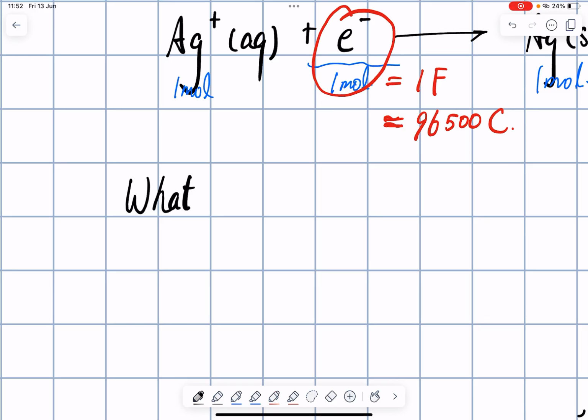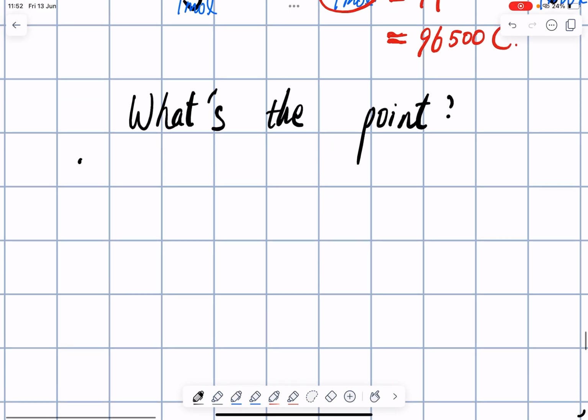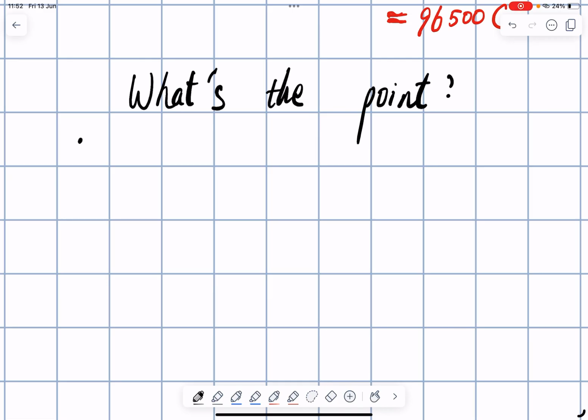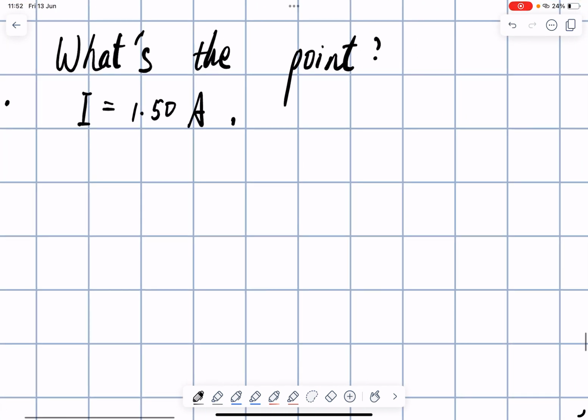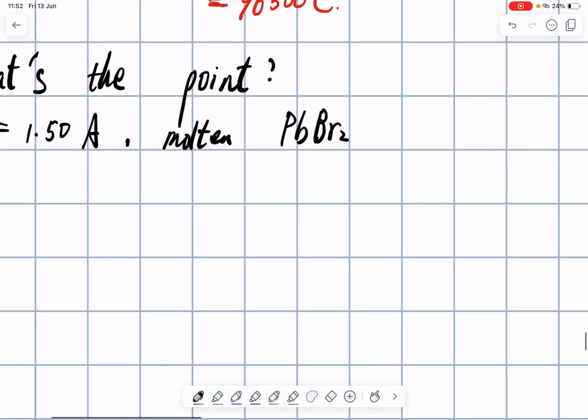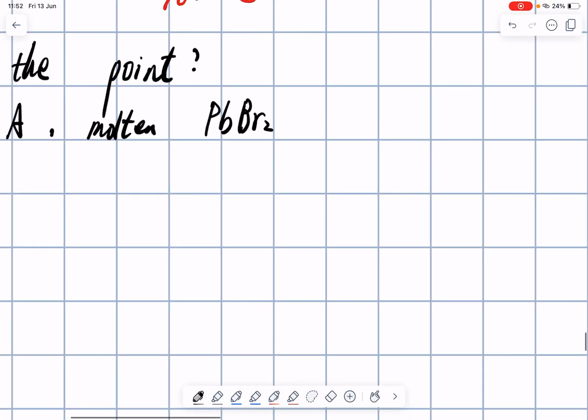So what's the point? To make things easier, we'll break this down to a simple problem. If we have an electric current of 1.50 ampere flowing through molten PbBr2, which is lead bromide, for 20 minutes.